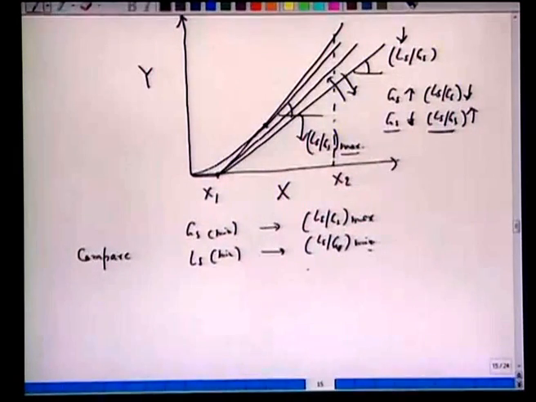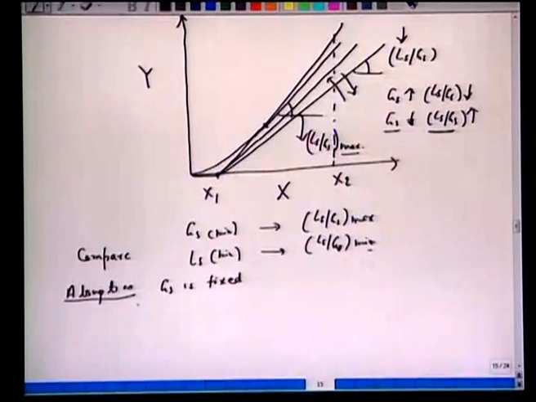Again, let's compare the two, absorption and desorption. In case of absorption, we said that GS is fixed. So if GS is fixed and LS increases, the slope increases.